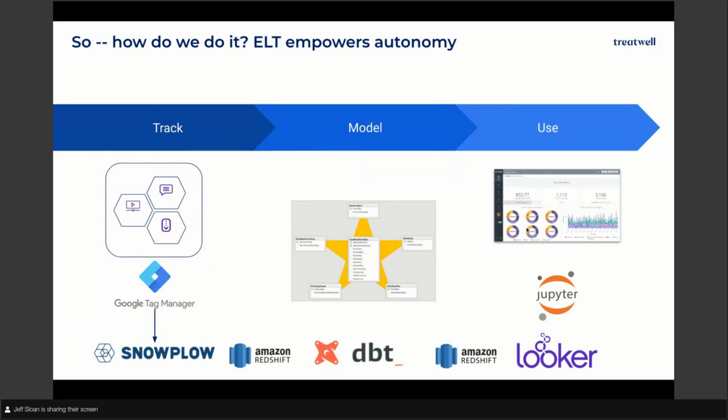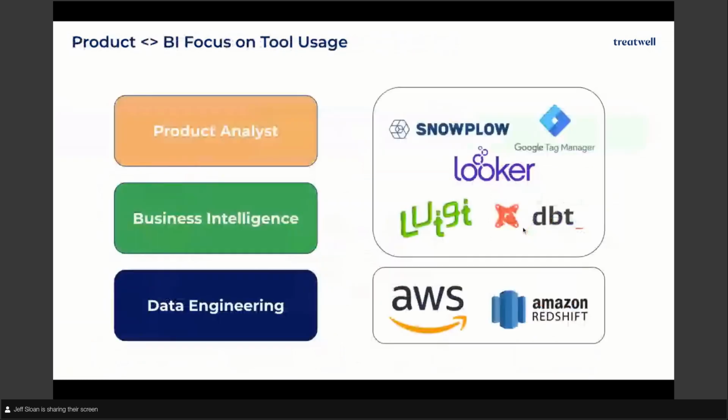In terms of what tools and what interactions happen, we'll take a look at the product and BI space. The product and BI teams are interacting with each other around this common set of tools: Snowplow, Tag Manager, just to be able to track the data, Luigi and DBT to orchestrate and transform the data, and then finally, say, Looker to actually expose the data in reports.